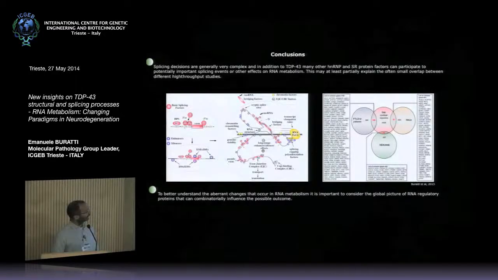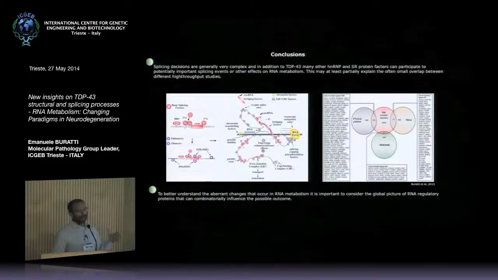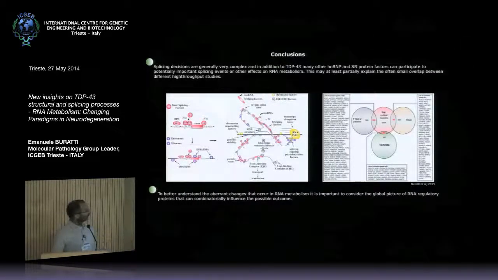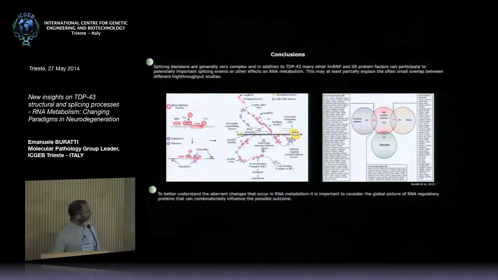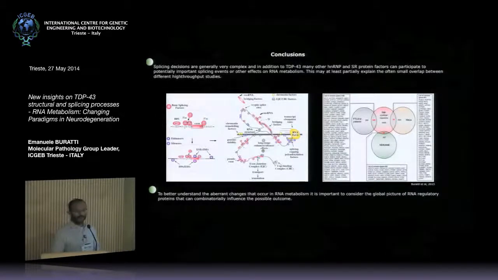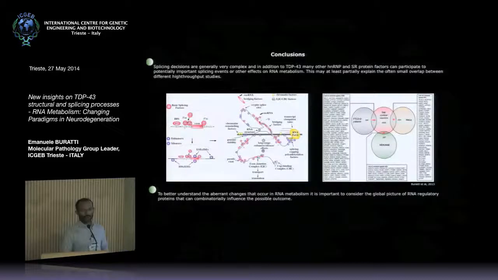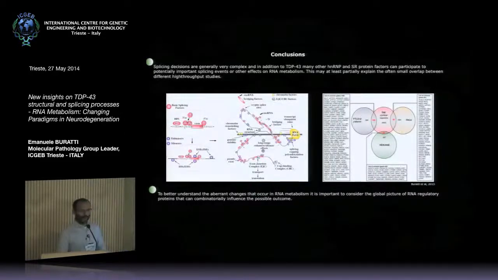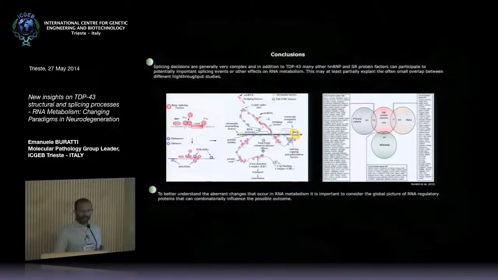Probably in all these cases you have to take into account that TDP-43 functionality is not just a standalone characteristic in every cell type, but is probably profoundly affected also by the functionality of all the other interactors, and especially the other HNRNP proteins that are TDP-43's sisters, let's say, in evolution.